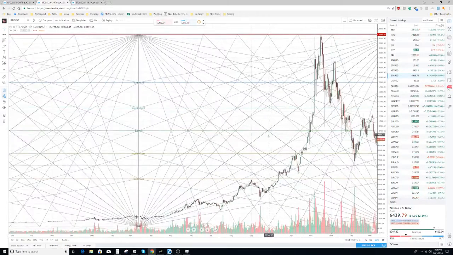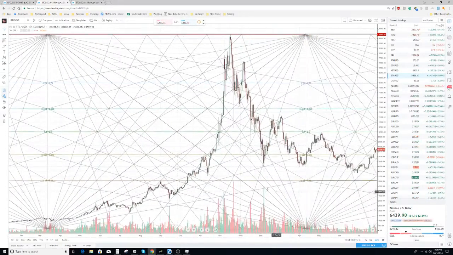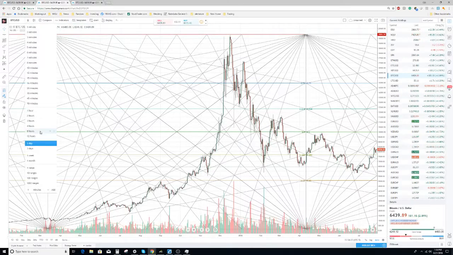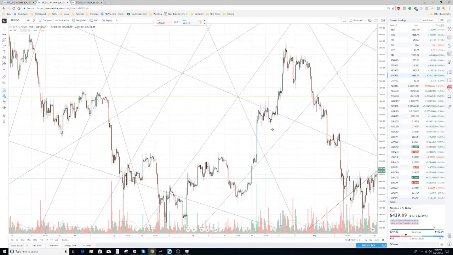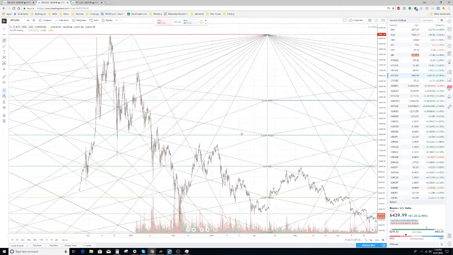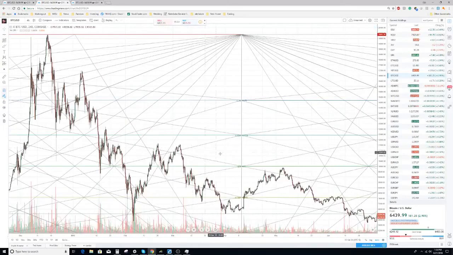So anyways, I've got this on the daily. Sometimes the daily is not a very good chart to look at because the candlesticks float inside and out of the angles quite a bit. Sometimes you have to bring it down to the 4 hour or the hourly. But depending on how your square is set, you can see that prices like to follow angles. Prices like to trade in the various geometric shapes that form around these angles.